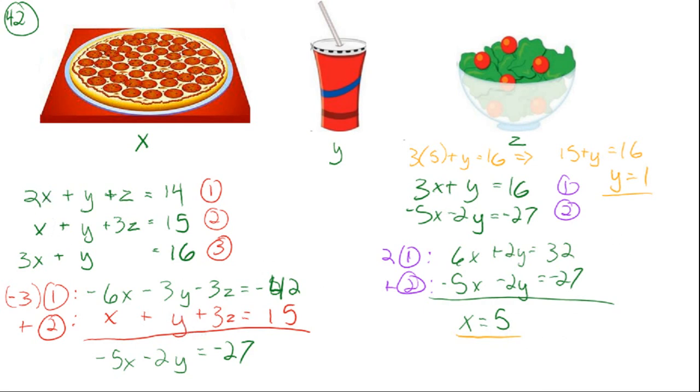Let's just put x and y into this equation. 2 times x, which is 5, plus y, which is 1, plus z is 14. That's 10 plus 1, that's 11, plus z equals 14, so z equals 4. Okay, so the cost of a single small pizza is $5, the cost of a liter of soda is $1, and the cost of a salad is $4.